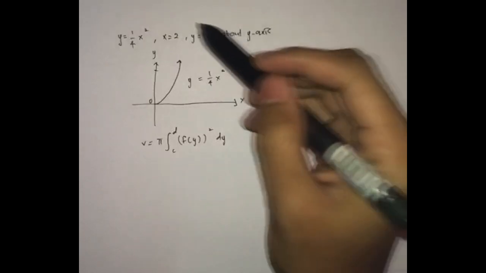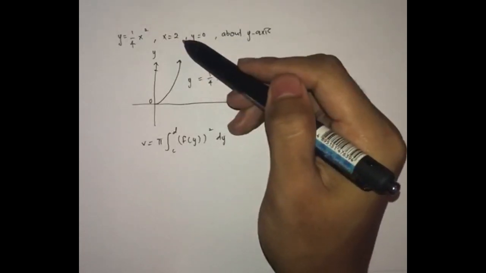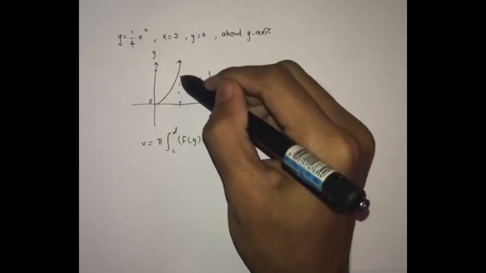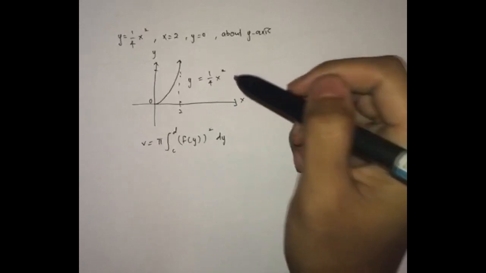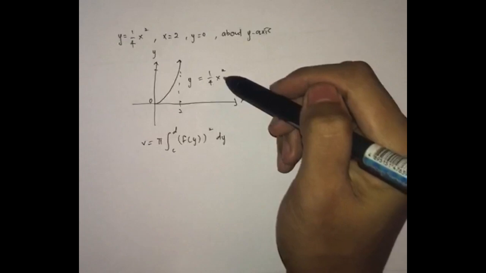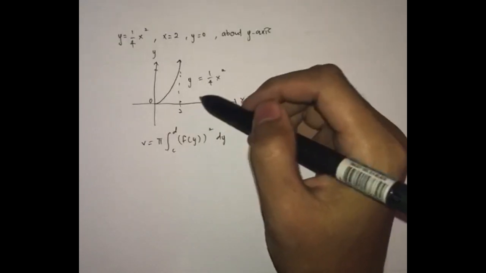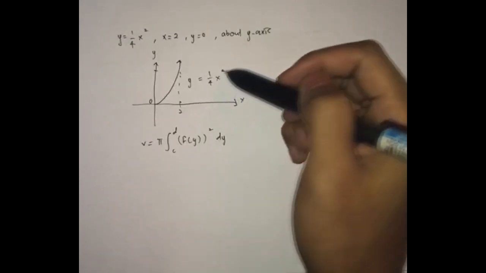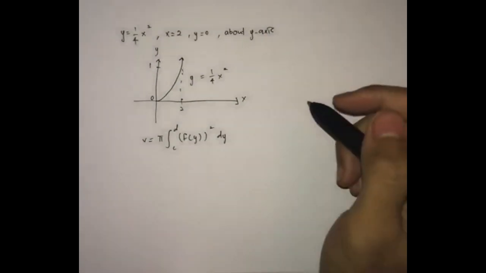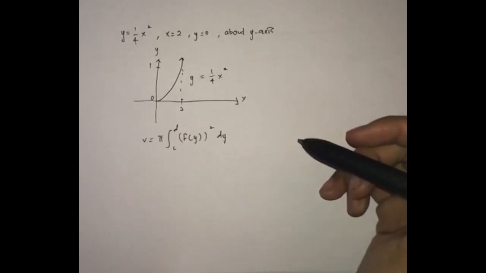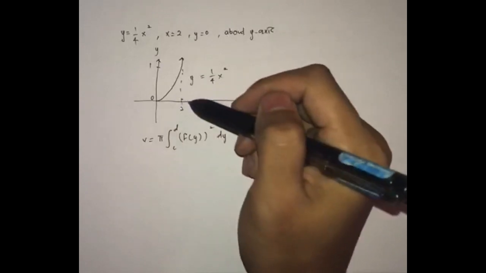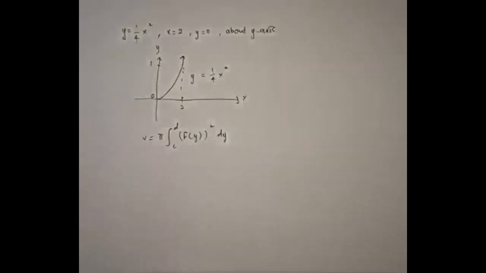But it already gives x equal to 2. So when x equal to 2, we can find the value of y when we substitute the value of 2 into the curve equation. So when we substitute the value of 2 into the equation, y will be equal to 1. So now we know that the boundaries is between 0 to 1.